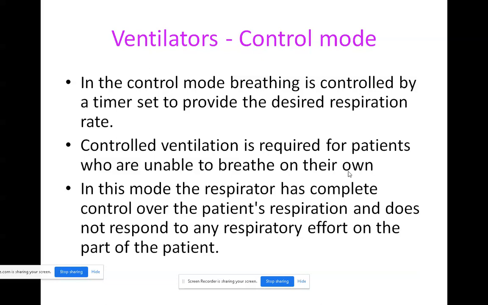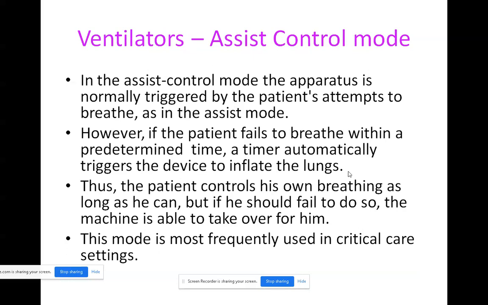Only when the lungs have a deficiency will it seek the assistance of the ventilator. Otherwise, the breath is taken only by the respiratory system of the human body. But here, it will not depend on the respiratory system of the human body. The entire breathing will depend on the ventilator used on the patient. That is the control mode.